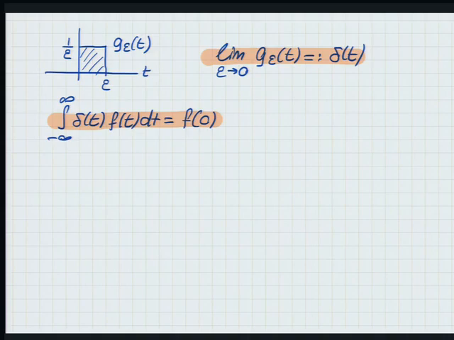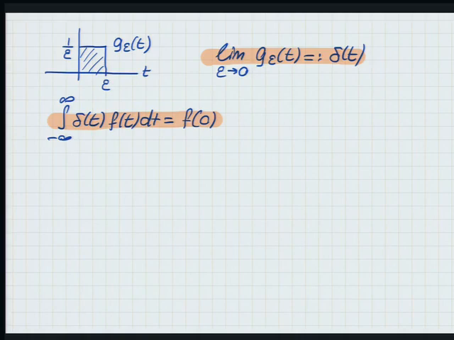But before fixing them, we could actually have defined delta using a different function than a pulse. Pulse was easy. Area is 1, of course, right? So it was easy in that sense. But I could have used any g function.